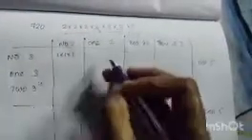Next with no 3, that means 1. 1 2 and no 5, 1. 2 2s means 4. No 3, 1. No 5, 1. 3 2s means 8. 8 into 1 into 1. There is no 3 and no 5.